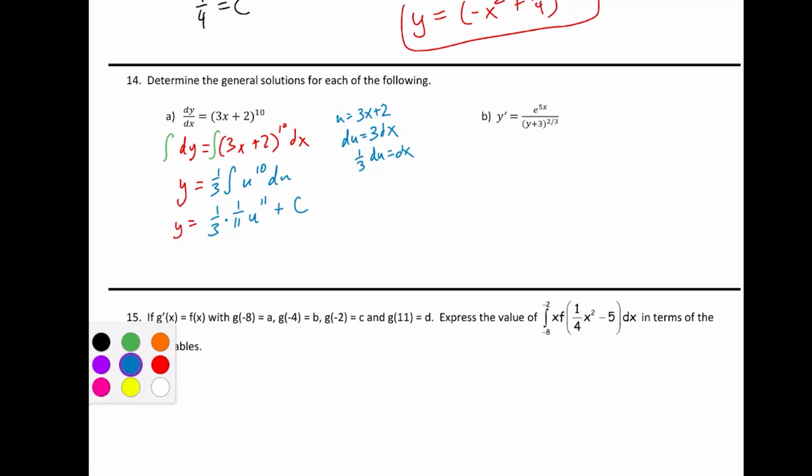And yeah, we're pretty much done here. We just need to multiply those two fractions together to get the new coefficient, and replace the u with 3x plus 2. So our final answer here should be y equals 1/33 times (3x plus 2) to the 11th power plus c.